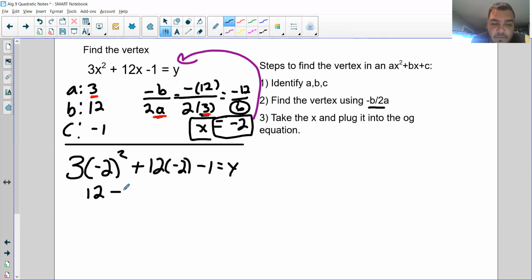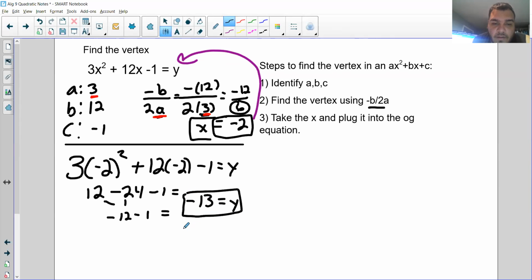This is -24 minus 1. -12 minus 1. That's a bigger negative, so that's -13. So your final answer here is -2, comma, -13.